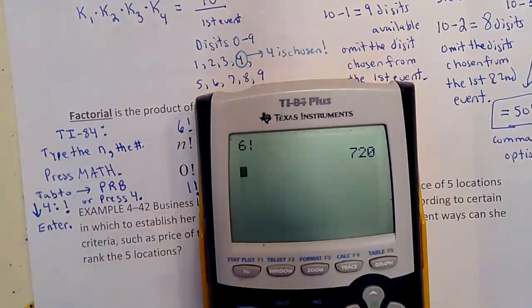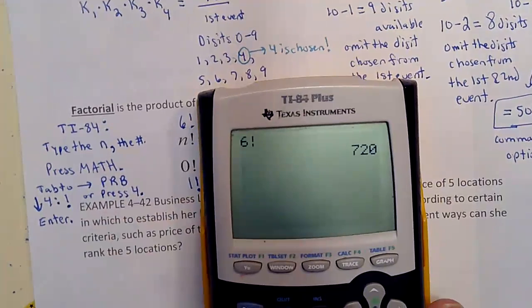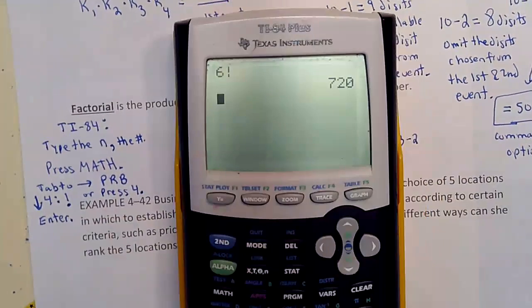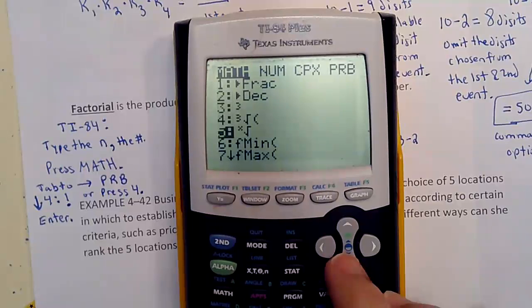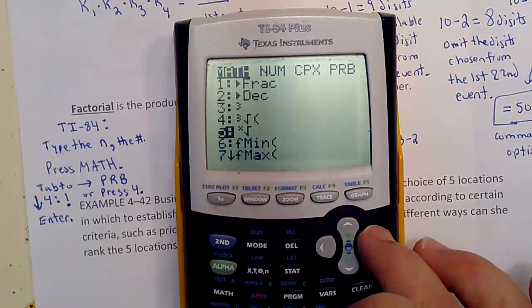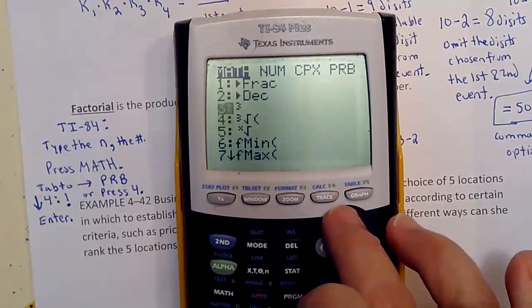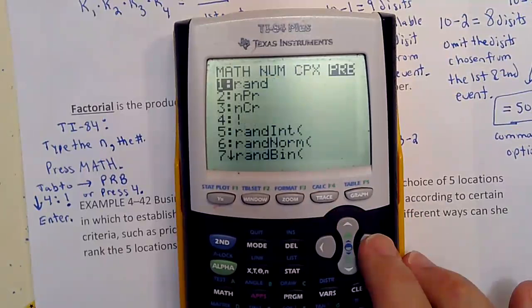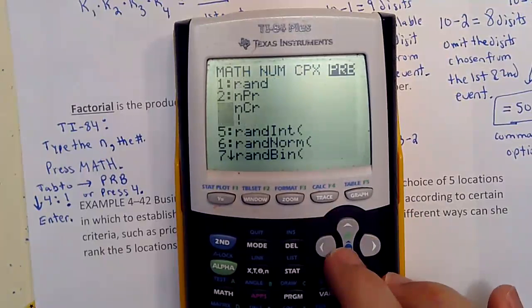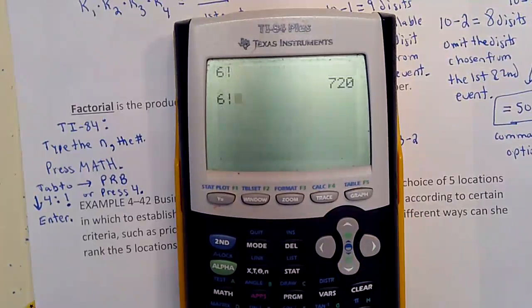Sometimes you might have to hit enter, enter. It just depends. So 6 math this way, and then go down to 4, then hit enter. Then I have to hit enter again.